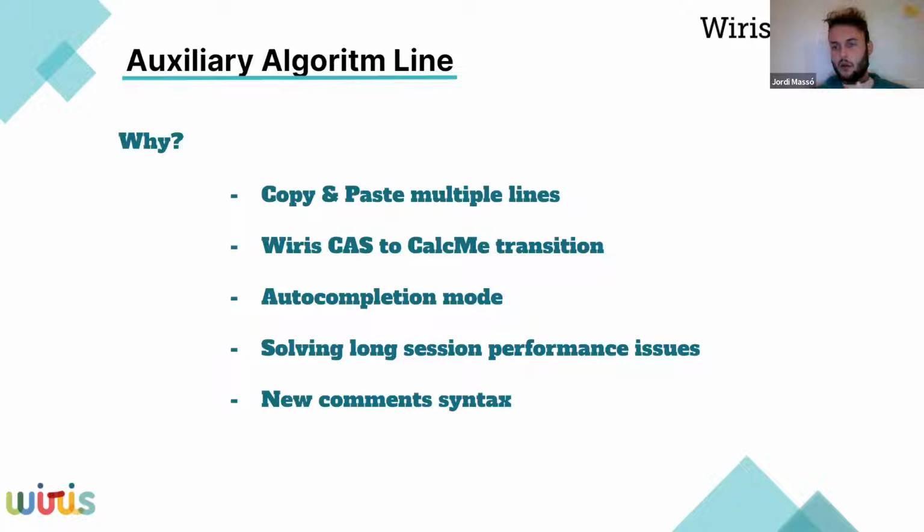We can also create long algorithms without the lack of performance that the CalcMe sheet showed before. And finally, we have a new comment syntax mode that allows us to introduce comments throughout algorithms or inside blocks of code. That is something that in the CalcMe sheet wasn't possible.